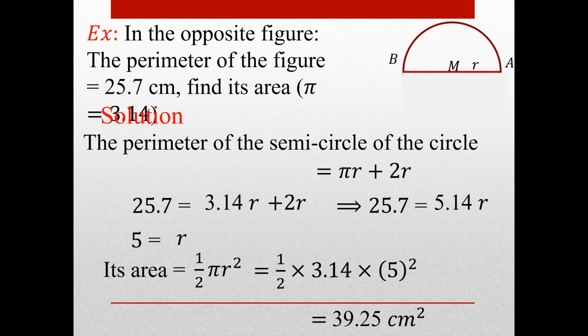I have like terms, so I add 3.14 plus 2, which is 5.14. 5.14 r equals 25.7, so I divide 25.7 by 5.14, and the answer is 5. I get radius 5, so I want the area. The area equals half times pi times r to the power 2, equals half times 3.14 times 5 squared, equals 39.25 centimeters squared.